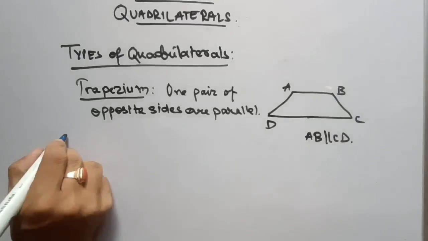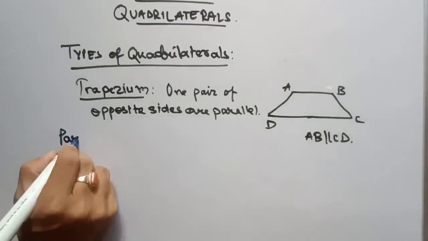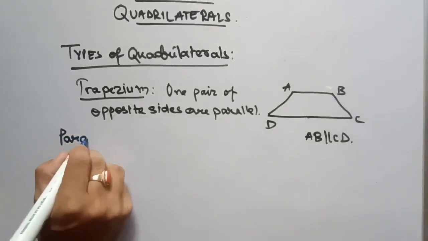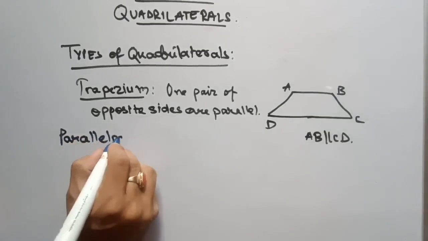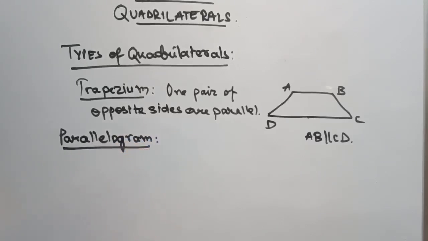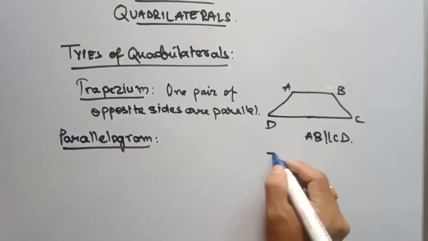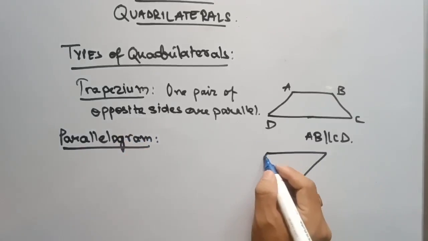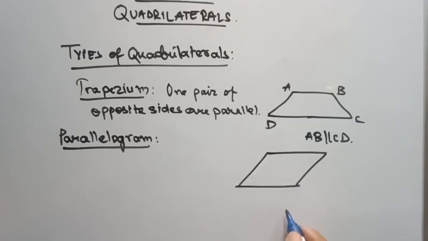Next is parallelogram. If in a quadrilateral, both pairs of the opposite sides of the quadrilateral are parallel to each other, then the quadrilateral is a parallelogram.